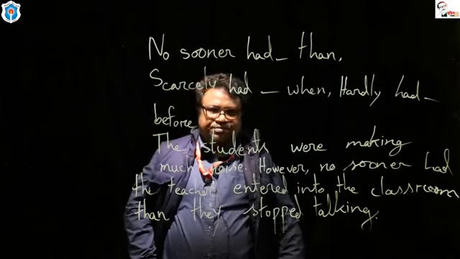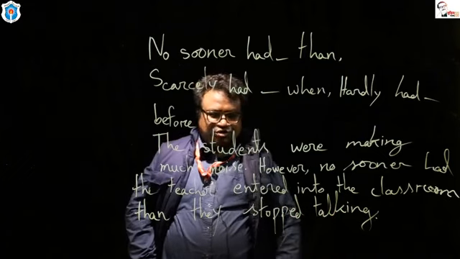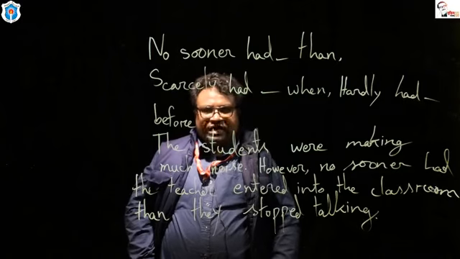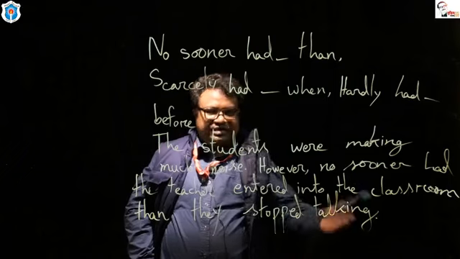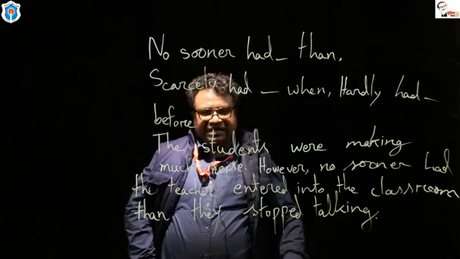Now stop talking, here I have used main verb plus ing. That is another issue. When two main verbs occur one after another in a particular principal clause, we know that the second one will be the main verb plus ing.